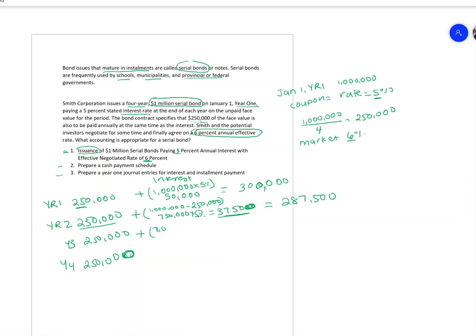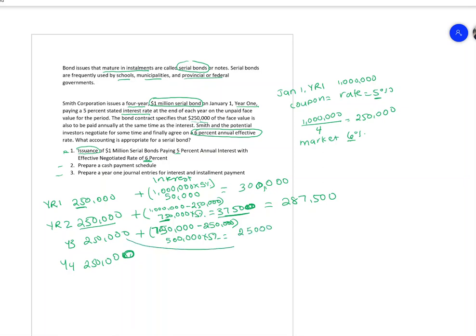The principal that we need to pay is 750,000 minus the 250,000, so the face value of our serial bond is 500,000, and you calculate the interest on that. In this case, it is 25,000.